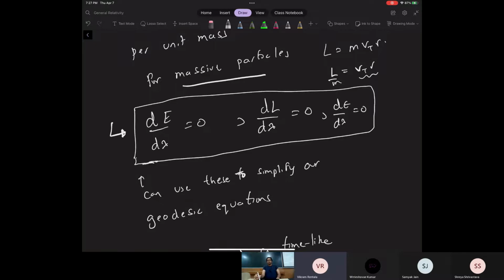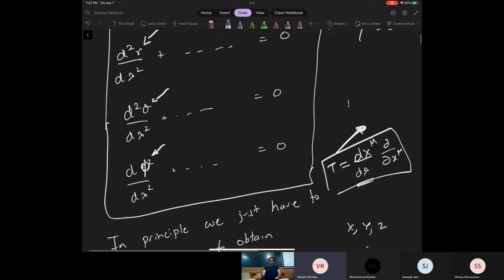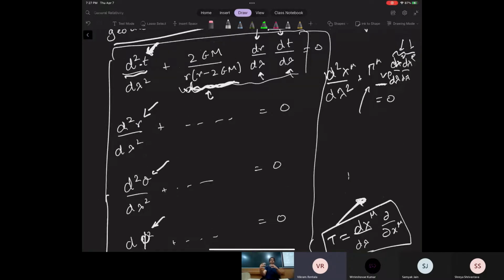Now, this is a consequence of symmetry. This symmetry is actually a property of the original geodesic equations that we wrote down. These 4 geodesic equations have that symmetry. It's harder to see, but the symmetry is there, and it is described by the Killing vectors.